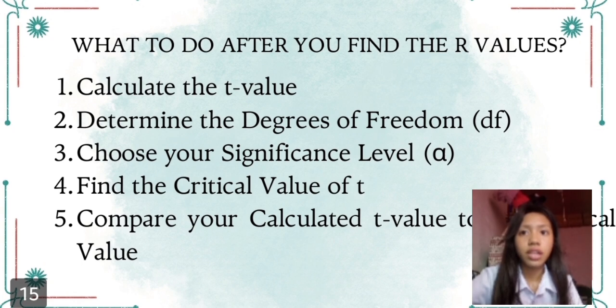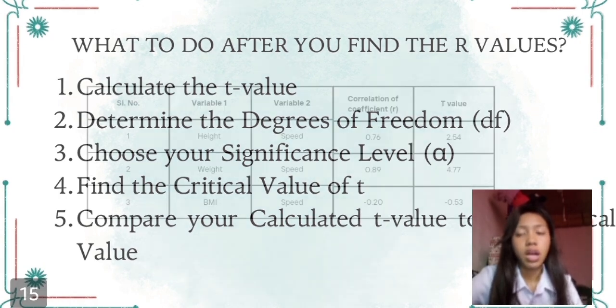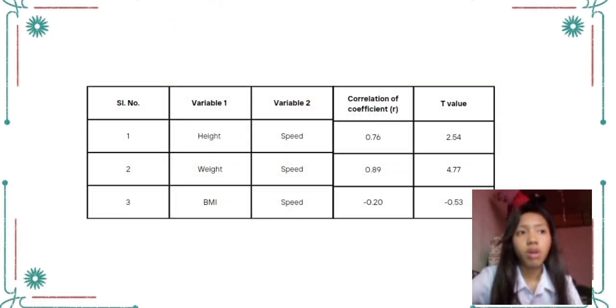After you find the critical value, you compare your calculated t-value to the critical value. If the absolute value of the calculated t-value is greater than the critical value, then you reject the null hypothesis. This means there is enough evidence to conclude a statistically significant correlation. For example, the R value of the height and speed performance is 0.76.